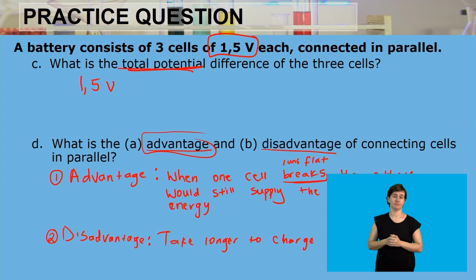Also, another advantage, you would say, is that they last longer. So when they are connected in parallel and you want to charge them, they're going to take a longer period of time to become fully charged. So that's our disadvantage and also our advantage of connecting the cells in parallel.